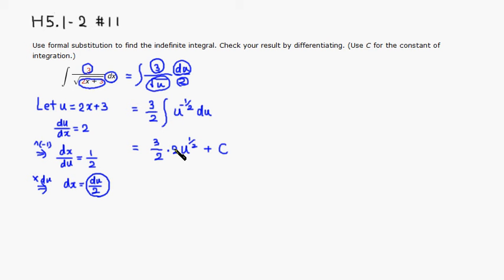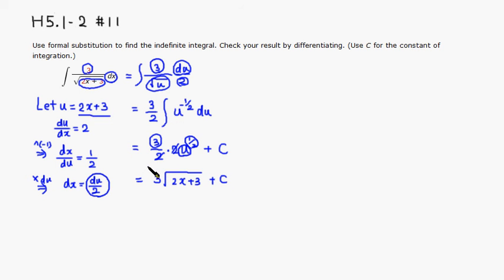So 2 on top here, and the 2s can cancel out. So what you get is 3 times u to the 1/2 power, which is equivalent to square root. Then u is 2x plus 3, and plus some constant c.